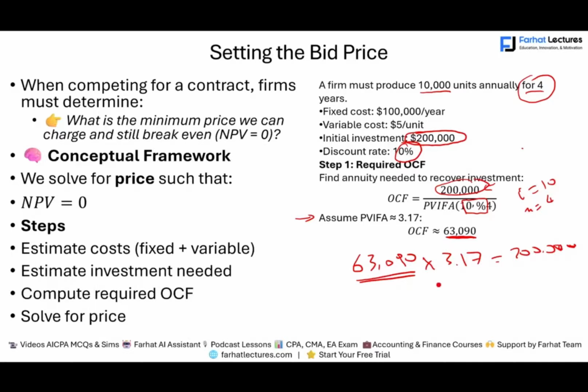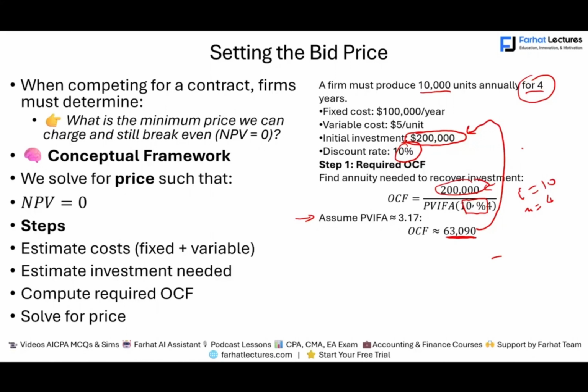This is what I solved for: some x times the factor equals 200,000. Therefore, my operating cash flow every year should be approximately $63,090 to recover my 200,000. Remember, if I recover my 200,000 and earn 10%, NPV equals 0. So this is what I'm trying to find out.